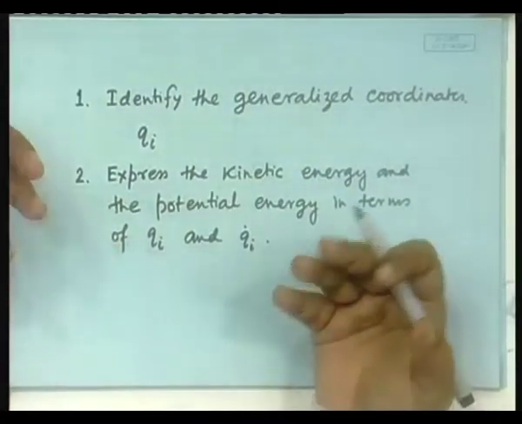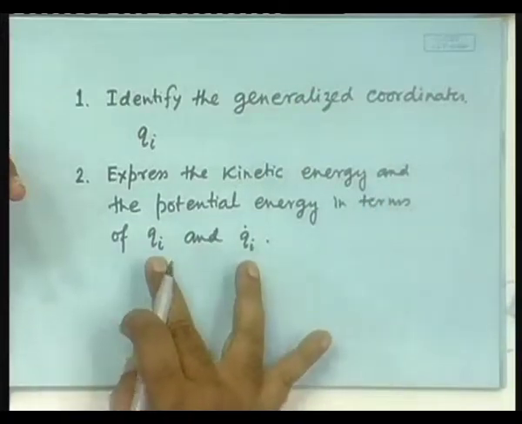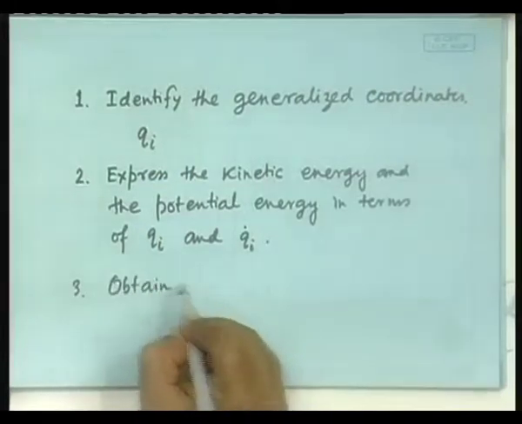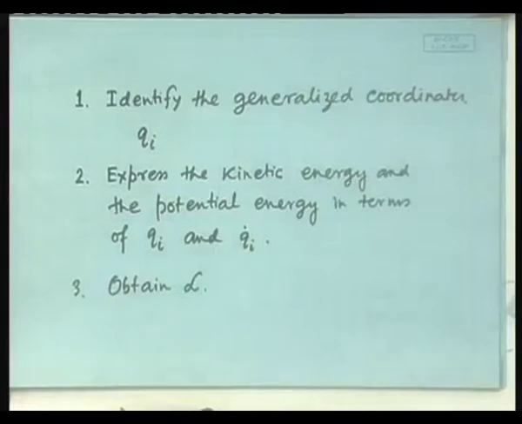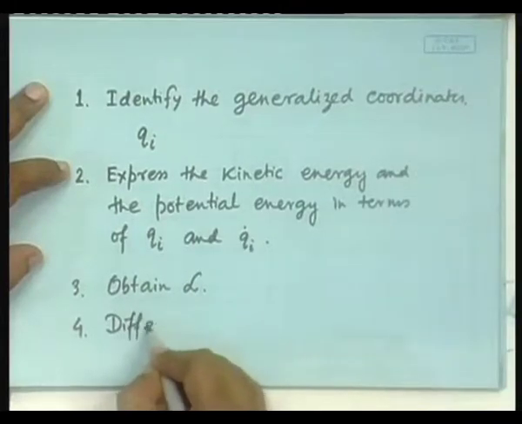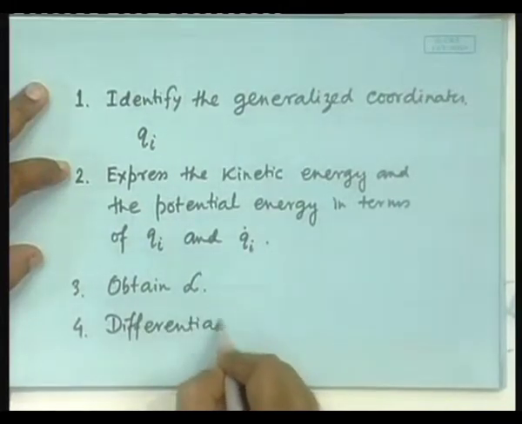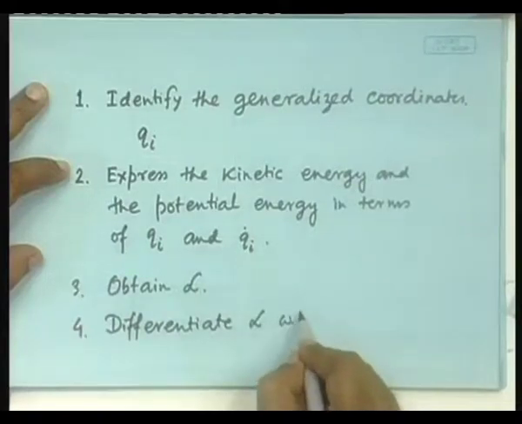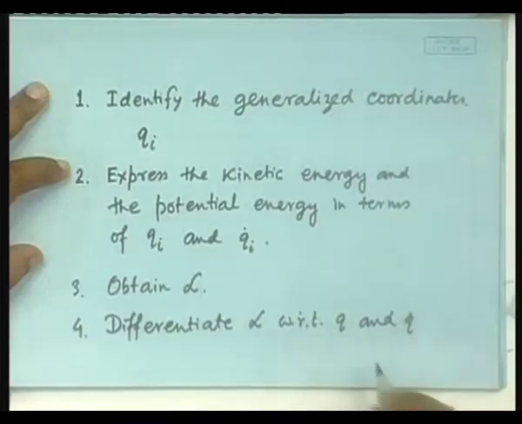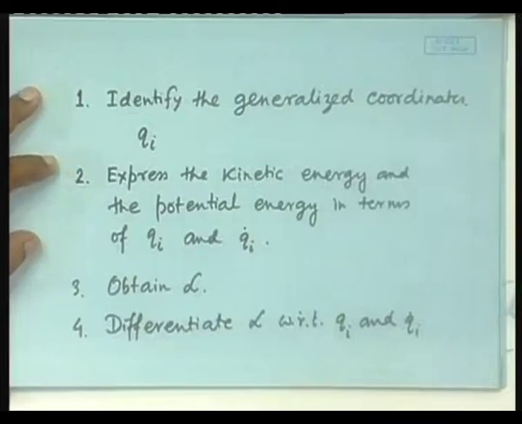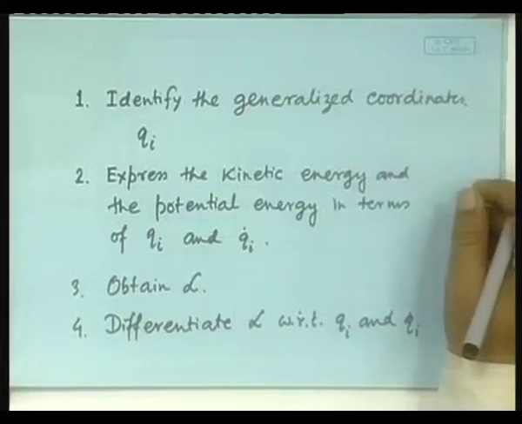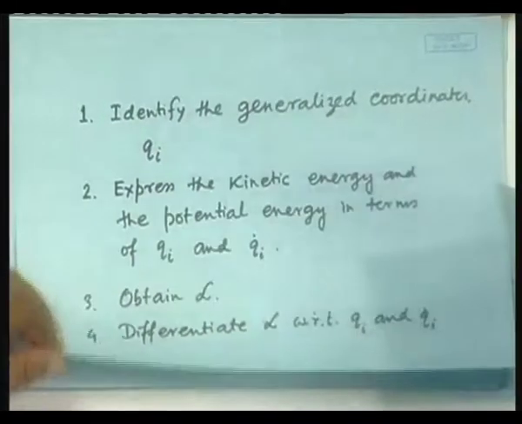Now, express the potential energy and the kinetic energy in terms of q i and q i dot. Then that is it. Then we just substitute in the Lagrangian equation. Let us illustrate. Start with this problem.